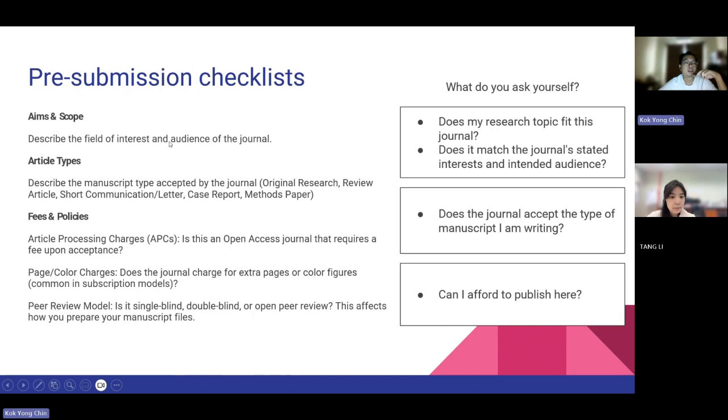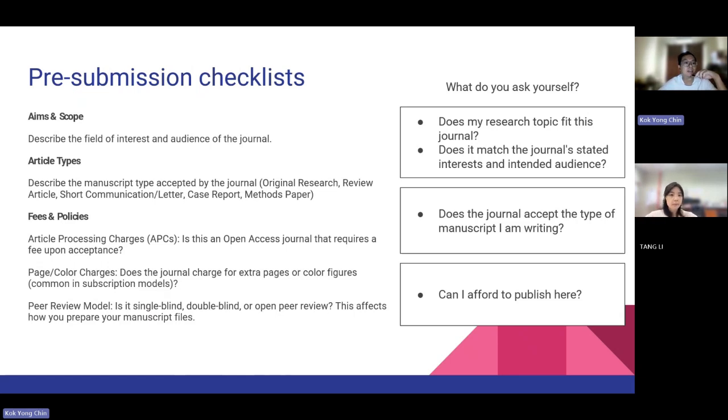You'll find the aim and scope of the journal first, which describes the field or interest of the journal and the audience of the journal, who is reading that journal. This is very important to you because you want to know who you are writing to, and also whether your manuscript will fit the interest of the journal.